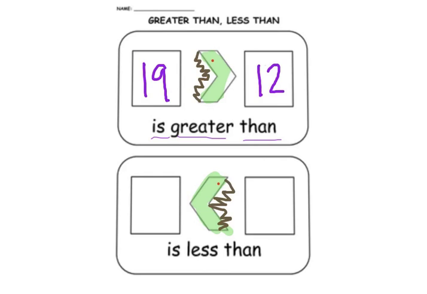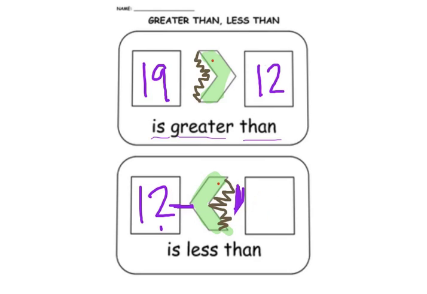And if 19 is greater than 12, then down here it would mean that 12 is less than 19, because the big part right here at the bottom is by the 19. And this small point right here is pointing towards the 12. So the small point points to the smaller number. The open mouth part is big, and it points to the bigger number.